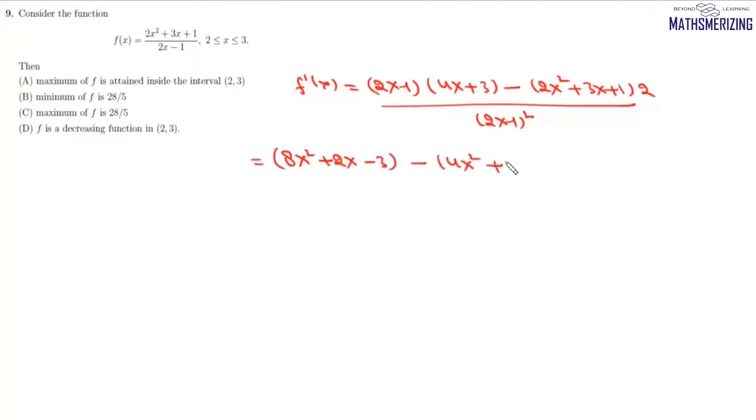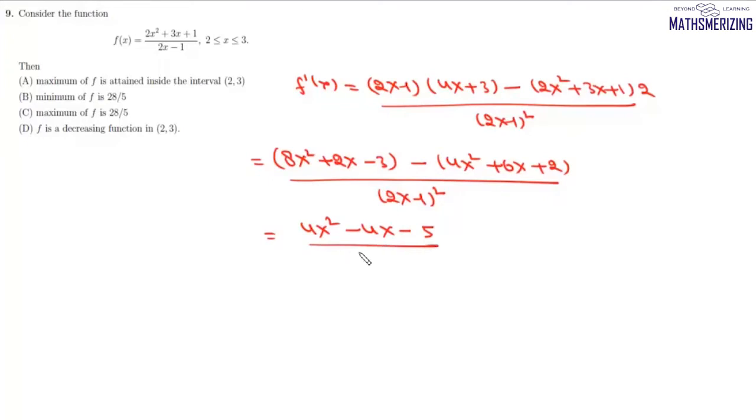and then minus 4x square plus 6x plus 2 upon 2x minus 1 whole square. So it will be 4x square minus 4x minus 5 upon 2x minus 1 whole square.